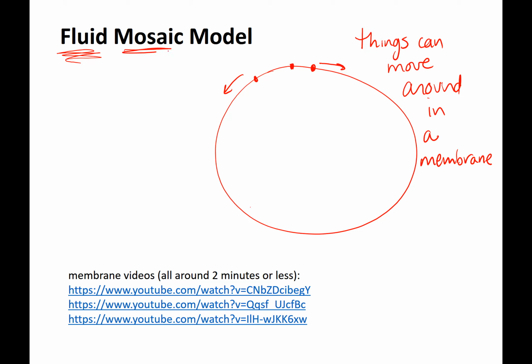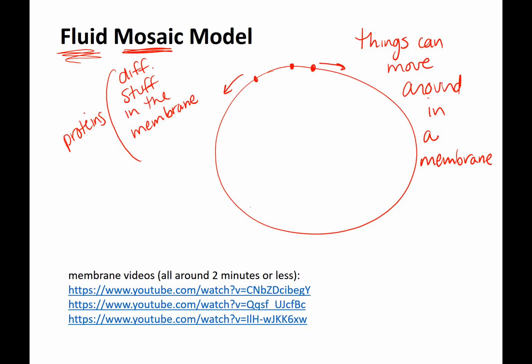The mosaic means it's made up of a bunch of stuff, right? There's different stuff in the membrane. Some talk about mosaic being a pattern, but this pattern can always change. So we're usually talking about proteins here.